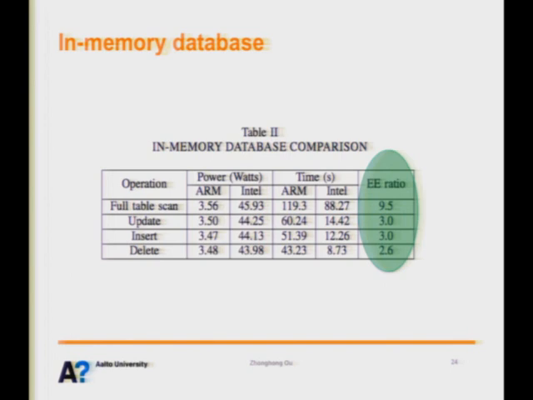So it's huge. Basically it means that for the same amount of work, the Intel processors will spend around 9.5 times more power on the same work. And for update, insert and delete, it is around 2.6 to 3 times. So for in-memory database applications, the difference is actually very big.